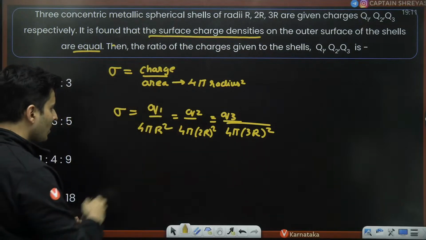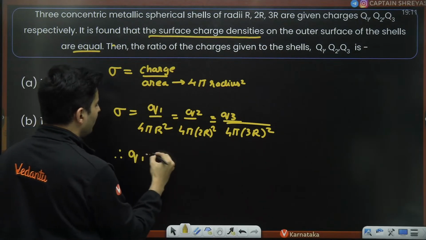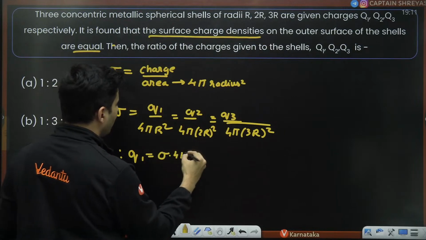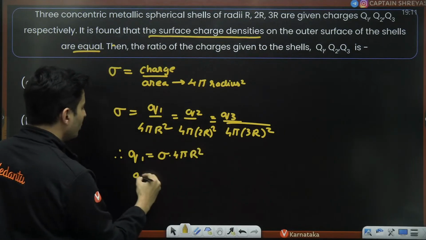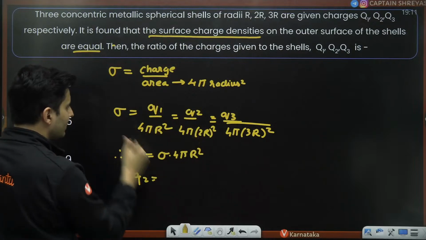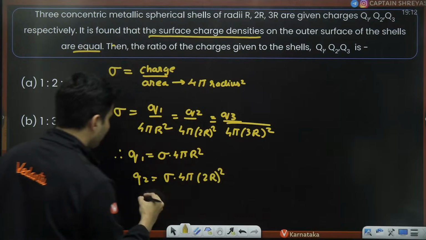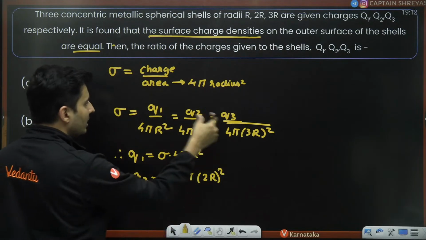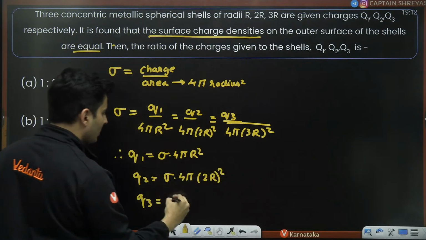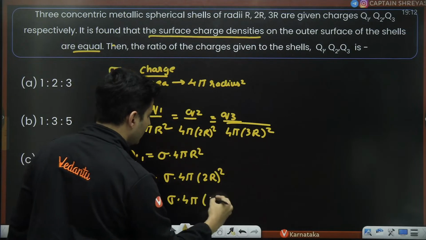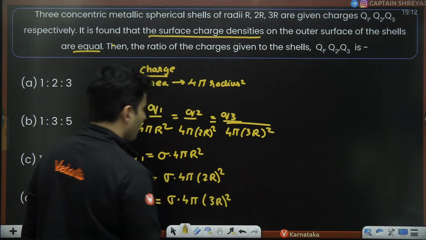It is given. So from this, Q1 will be sigma 4 pi R square. Q2 will be sigma into 4 pi 2R whole square. Q3 will be sigma into 4 pi 3R whole square.